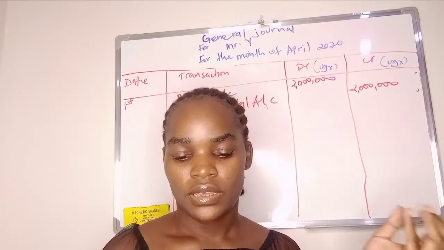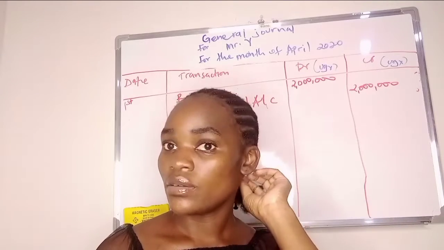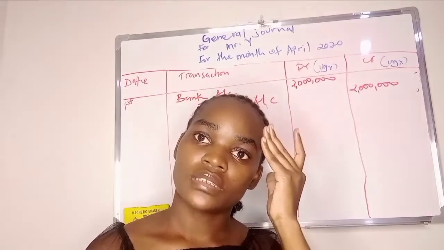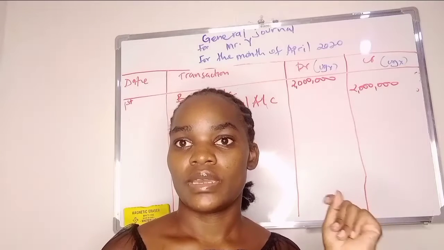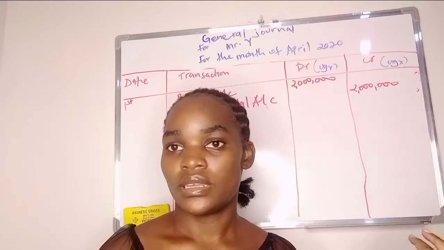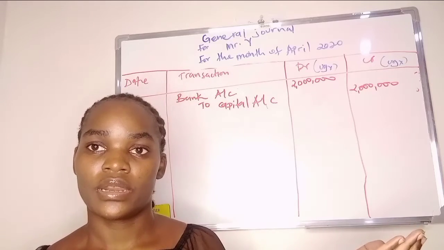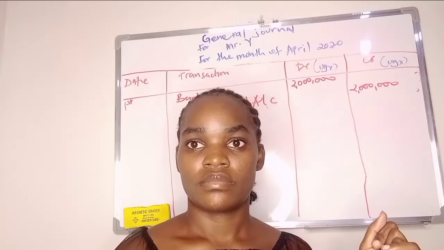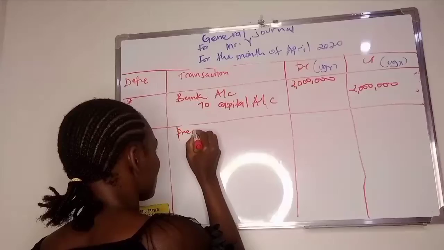So this will be prepaid rent. Prepaid rent is a current asset. It increases by debiting. Then how are they paying it? Using the money in the bank. So we shall debit prepaid rent, then we shall credit the bank. So still on first.